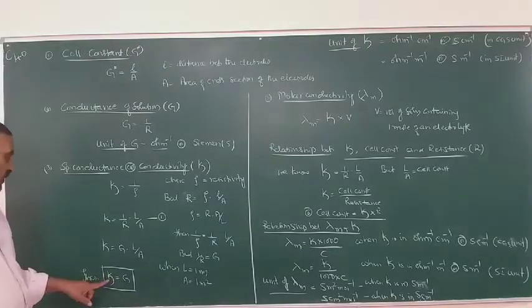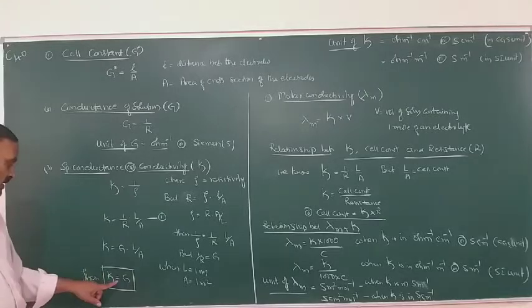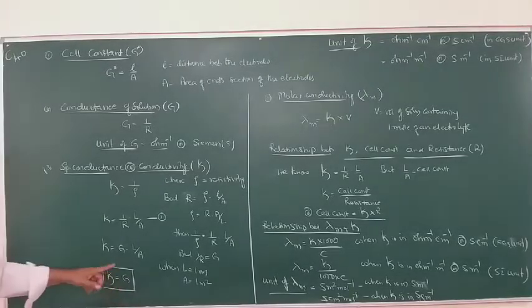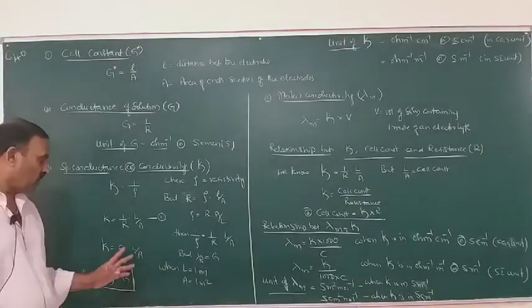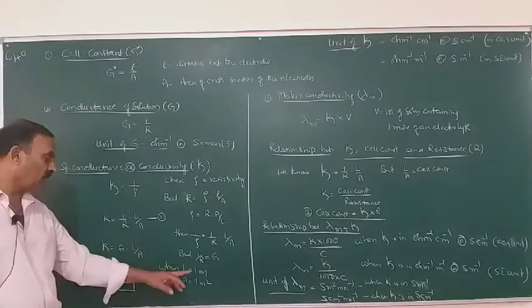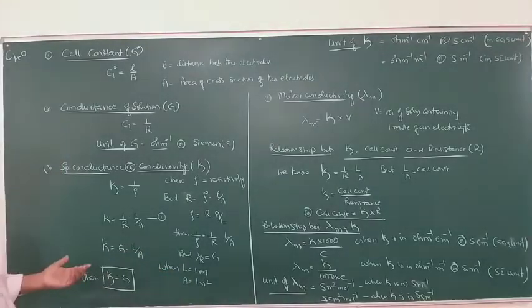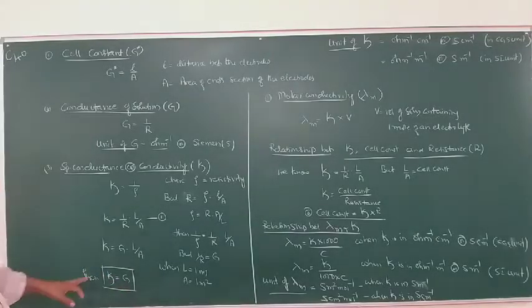Specific conductance of a solution is the conductance of the solution placed between two electrodes 1 meter apart and having an area of cross section 1 meter square.